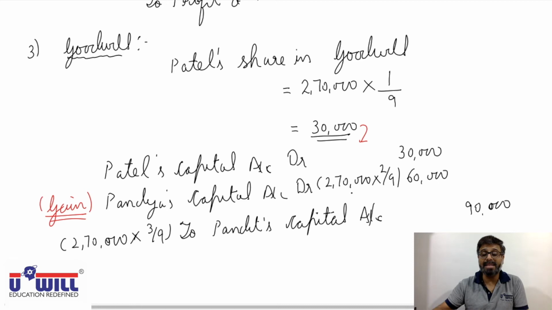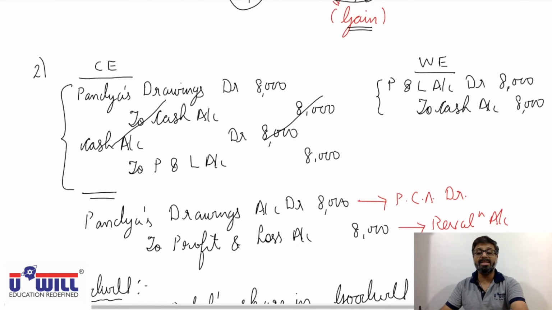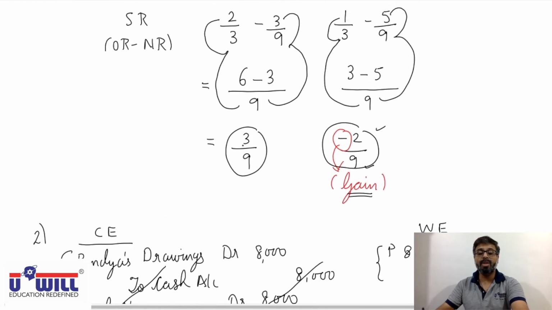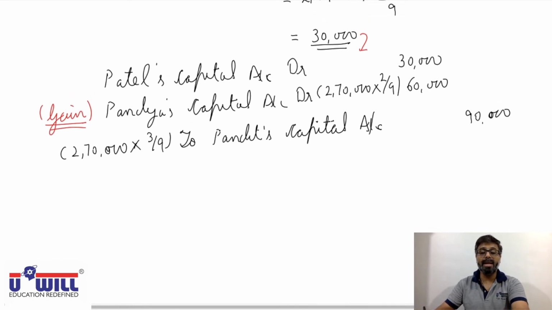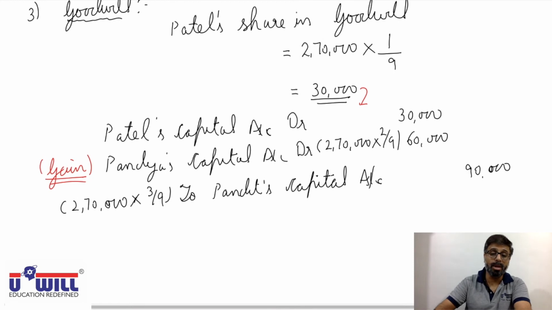So goodwill 2,70,000 into Pandya's share 2 by 9, 60,000. Patel's share we already obtained, 30,000, and Pandit is the only partner who is sacrificing, will get goodwill 3 by 9, so 2,70,000 into 3 by 9, 90,000. Still, I repeat, if any confusion in this entry, watch the video lecture of goodwill again. Now Patel and Pandya's capital account debit. Okay, one more correction over here.